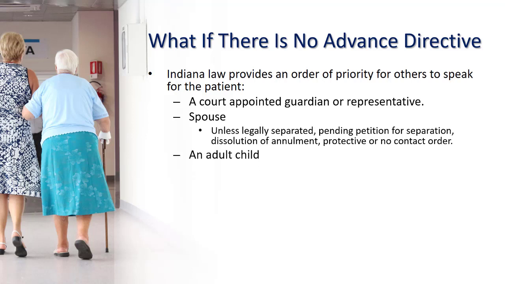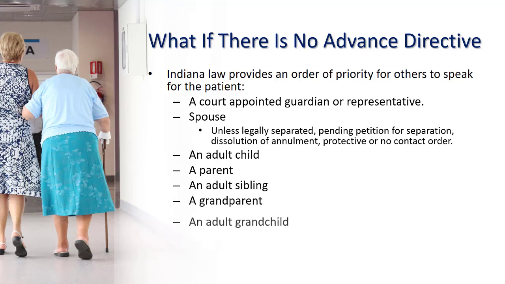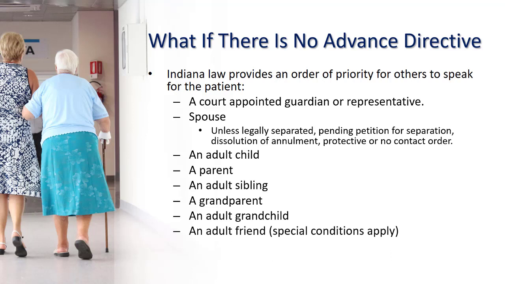The next in order is an adult child, followed by a parent. Next, an adult sibling. After that, a grandparent. After that, an adult grandchild. An adult friend.